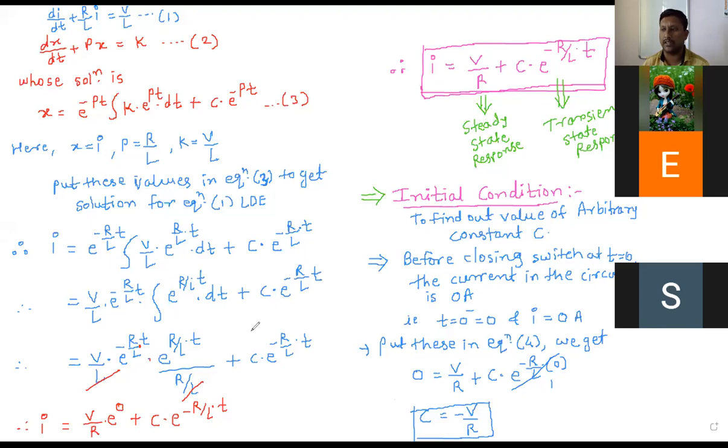We have to complete this theoretical part, and after that we have to solve a numerical example based on the DC response of RL circuit. So after completion of each and every theoretical point, according to the type of circuit, we can immediately solve the numerical examples.